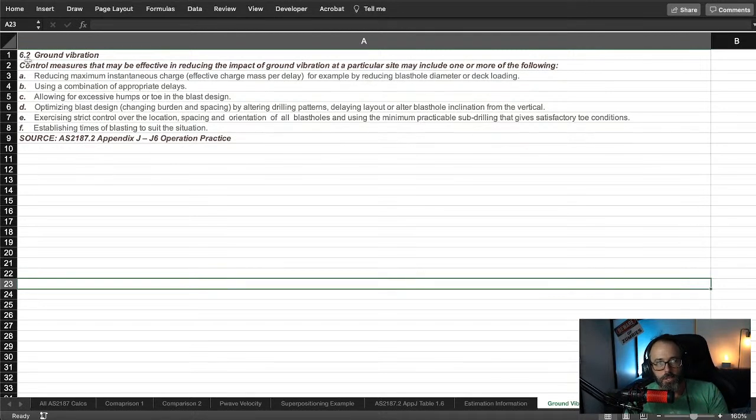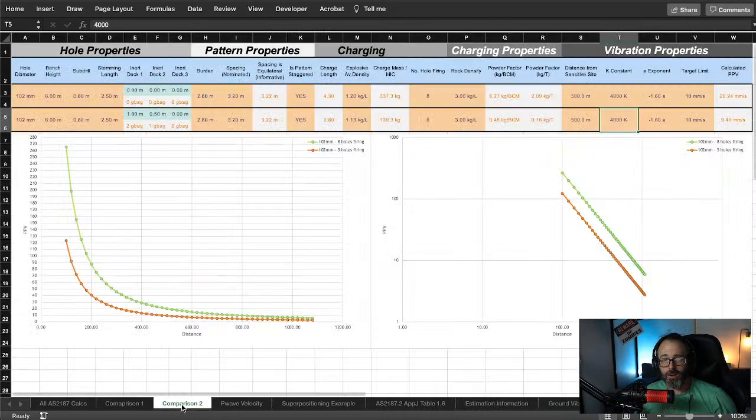And also establishing blasting times to suit the situation. So what does that mean? That means that if you have a scenario where you've got a nearby village and there is a period of time that they all go out to a neighboring village or a place that's further away, then the vibration they experience will not be as much, obviously, because they're further away from the blast.